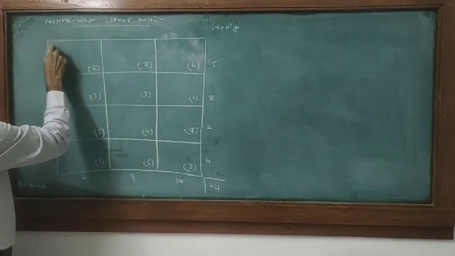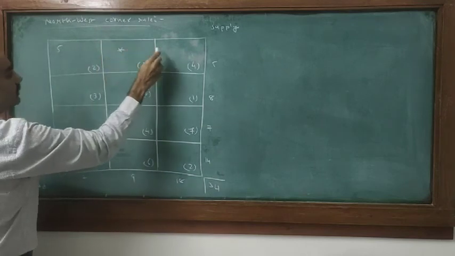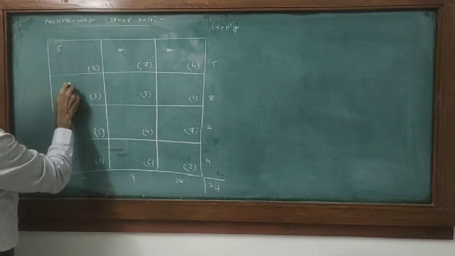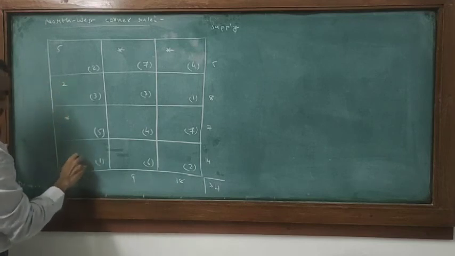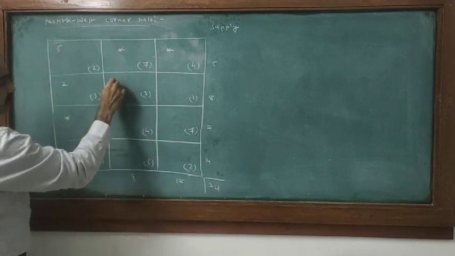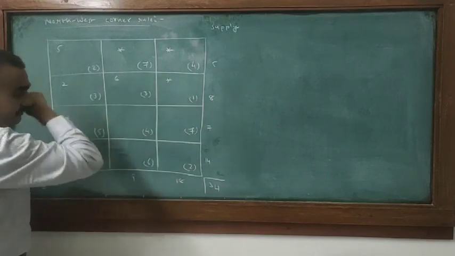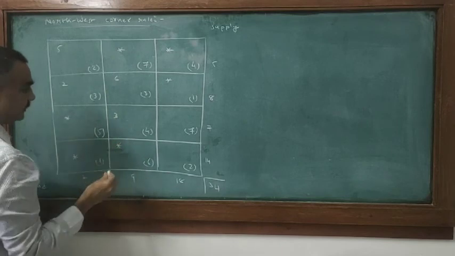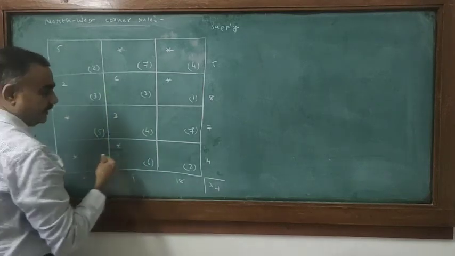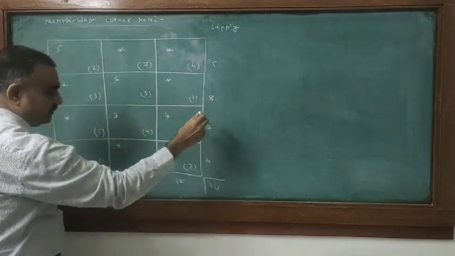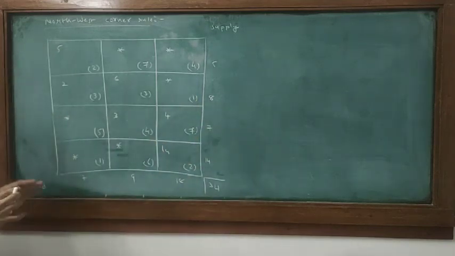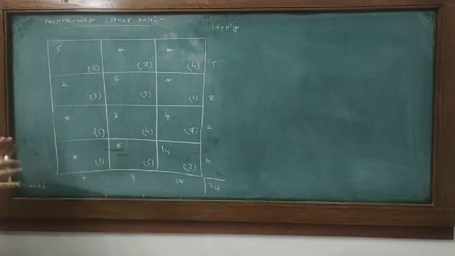So 5, so this is over. Then 2, and therefore this is over. Now 6 is possible, yes, so this is over. 3 is possible, yes, and therefore this is over. And 4, yes, it is over. This is over, and therefore this is 14.